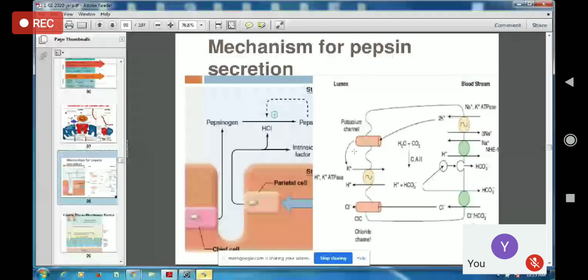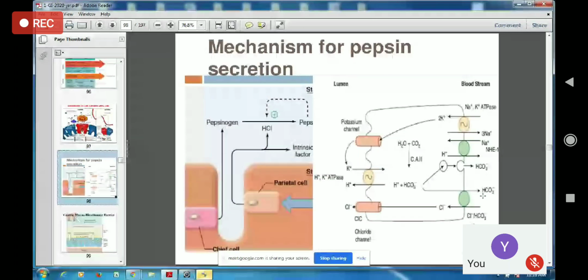At the same time, the bicarbonate amount is also increased in the blood. HCl secretion is increased in the lumen of the stomach, but the bicarbonate level is increased in the blood. This is known as postprandial alkaline tide. Alkaline tide means the alkali, the bicarbonate negative ion, is increased. Tide because it is the surge, the increase, and postprandial because it occurs after taking the food.